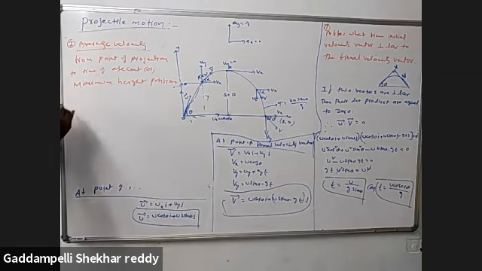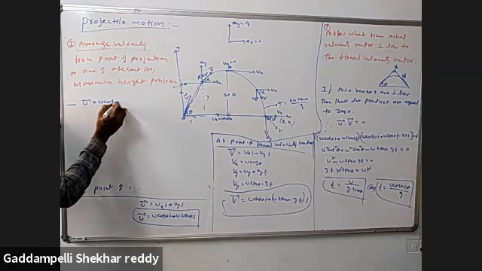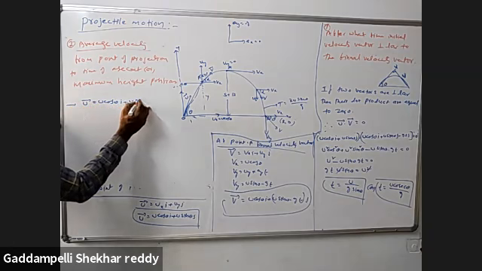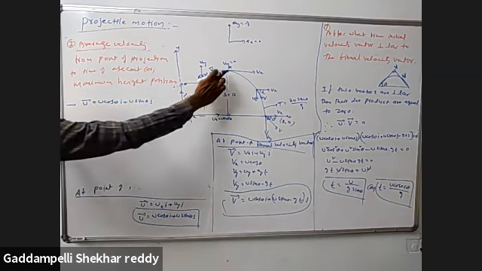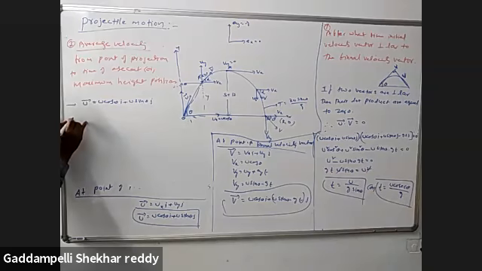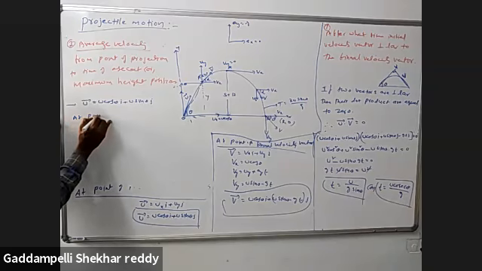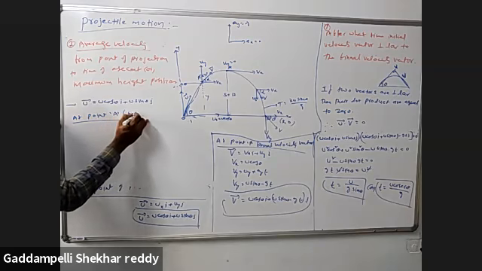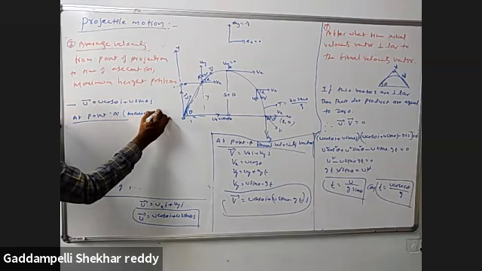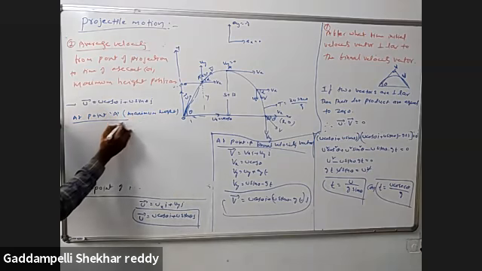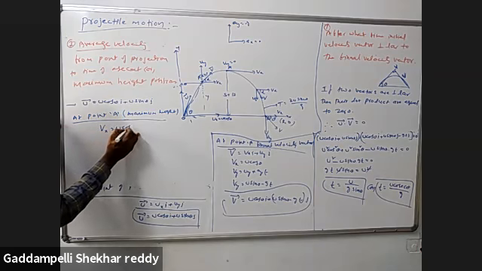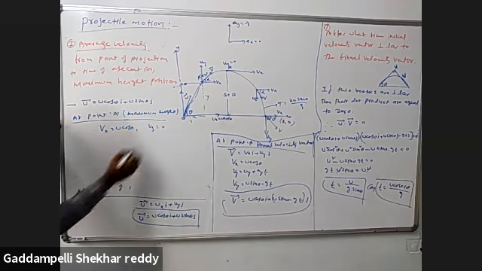So here you should remember the initial velocity vector: u bar is equal to u cos theta i plus u sin theta j. Next, at this position, at maximum height, point A, the final velocity: Vx is equal to u cos theta, but Vy is equal to how much? 0.